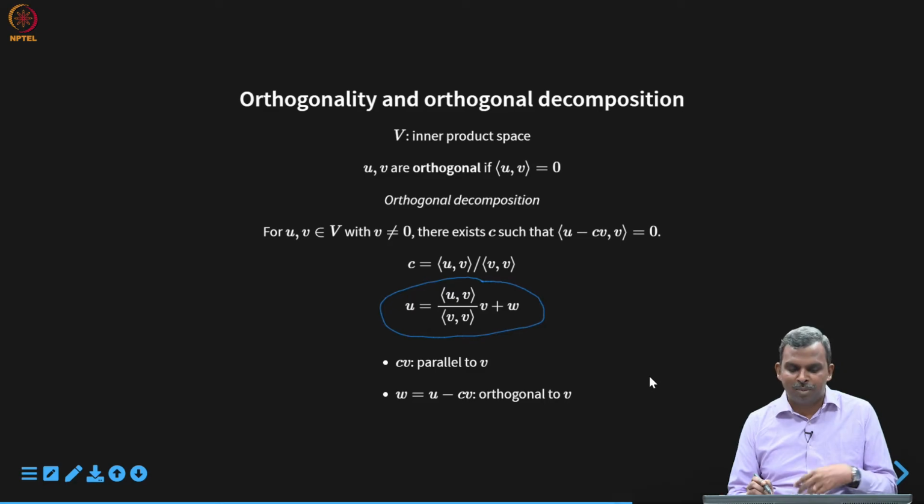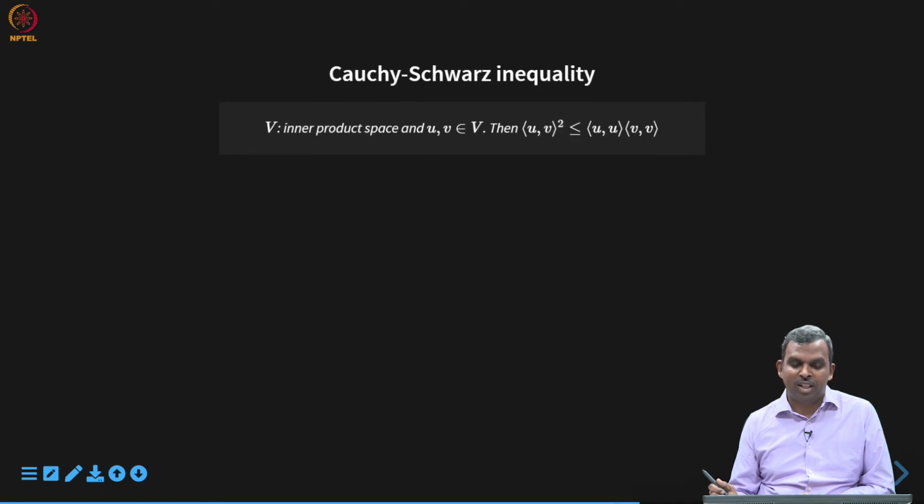It seems like we made some very generic definitions. Is it powerful enough? Is it strong enough? Does it give you good properties? In fact, it does. And here is one of the very, very important properties about inner products. Once you have an inner product in an inner product space, and there are two vectors U, V in V, then this relationship is true.